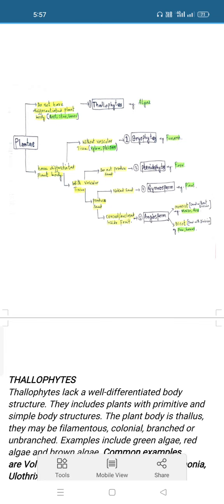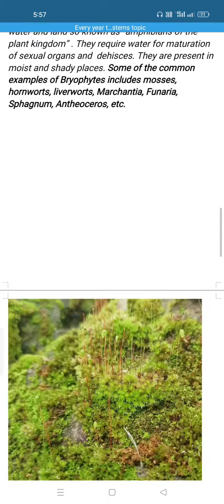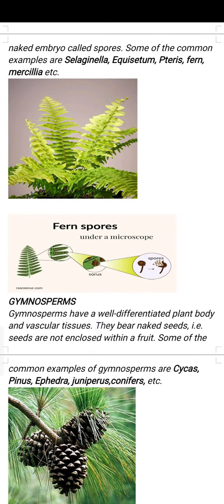They have vascular tissue for conduction of water and other substances. They produce naked embryos called spores, as you have seen in the picture here. This is fern, and from the back of the leaves of fern you will find this kind of small spores. This is meant for the reproduction of the plants.